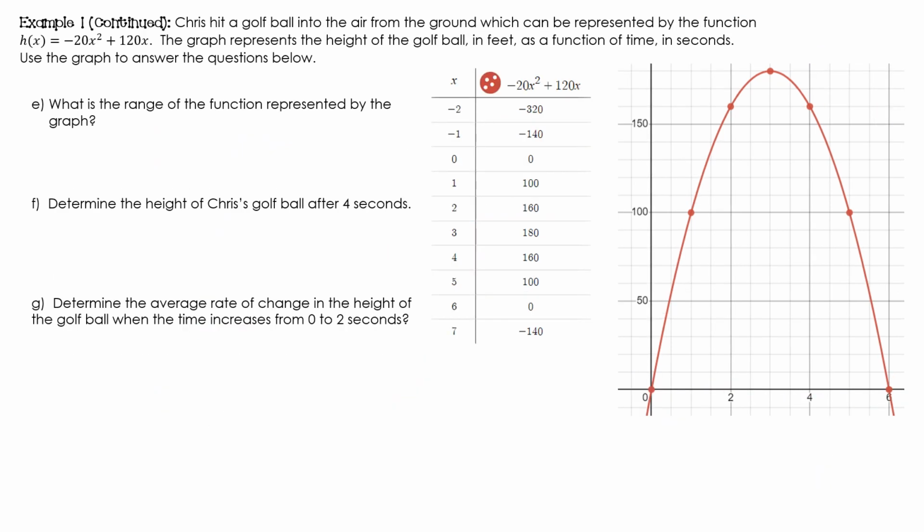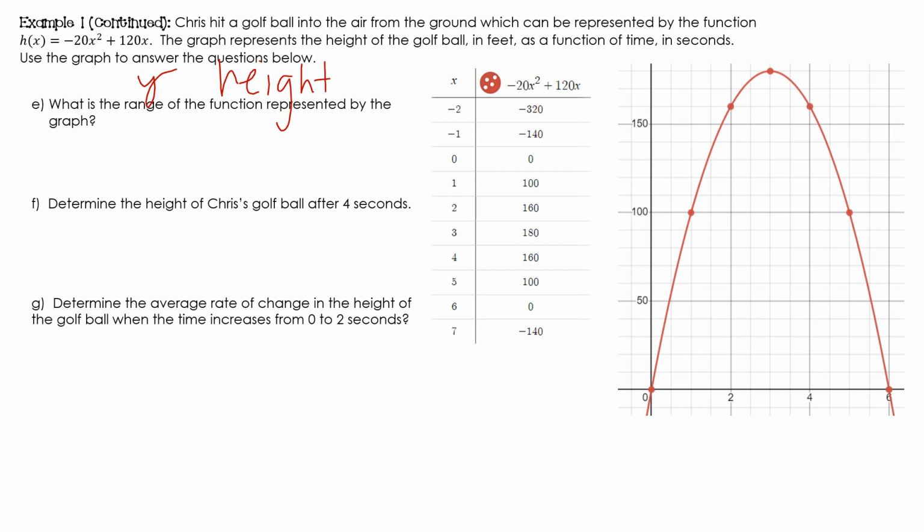So then for the range of the function, now the range is the y values, so I'm looking at the height, okay? What is the lowest height to what is the highest height? You're basically looking at minimum to maximum. And again, this is a word problem, so Desmos is helping us to find some of these answers, but we're not looking at the whole graph.